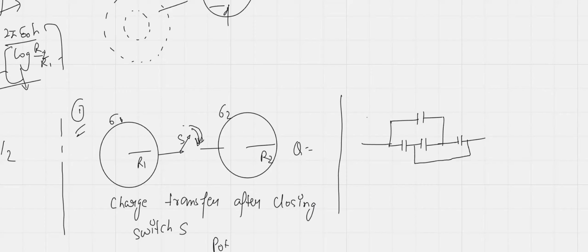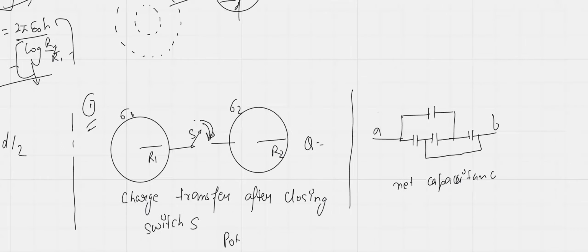This is terminal A. This is terminal B. You have to calculate the net capacitance. Here net capacitance. Here net capacitance. So two problems.